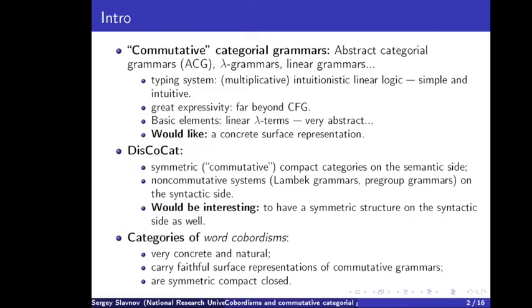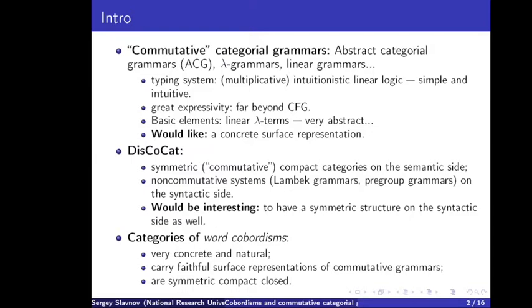And so they have their advantages and disadvantages. On the positive side, of course, the underlying logic is much more natural and intuitive, and they are great. They are very expressive. They go far beyond context-free languages and maybe even too expressive. And in some situations, they are remarkably flexible, not always.